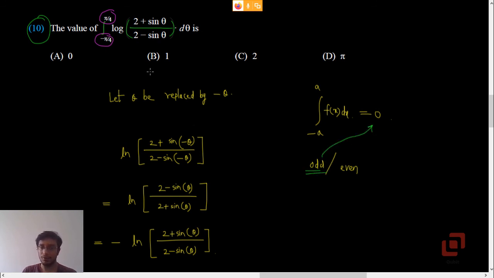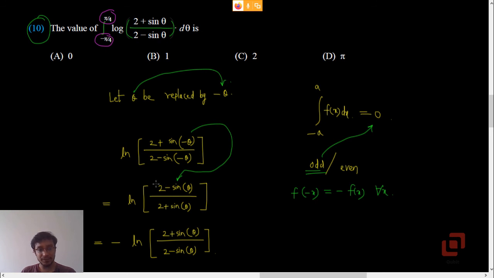What do we typically do? A function is odd if f of minus x is minus f of x for all values of x in its domain. So let theta be replaced by minus theta. We already know that sine is an odd function, so sine of minus theta will be minus sine theta. If you use it twice, in the denominator you will get 2 plus sine theta, and the numerator will be 2 minus sine theta.